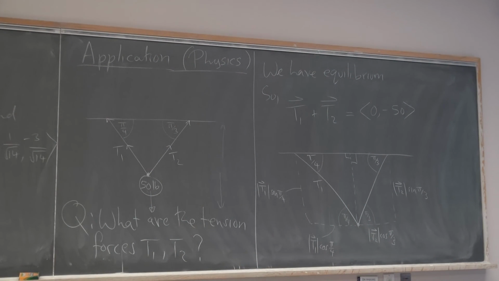So this gives us the following equation. How do I write the components of the T1 vector?